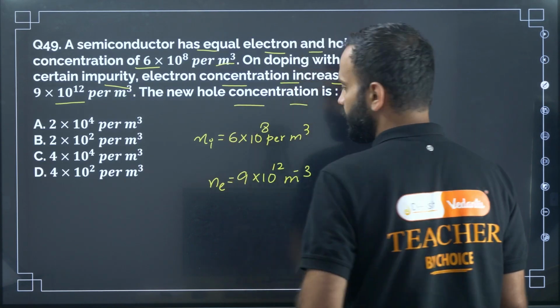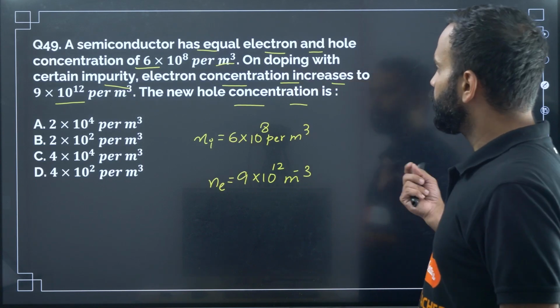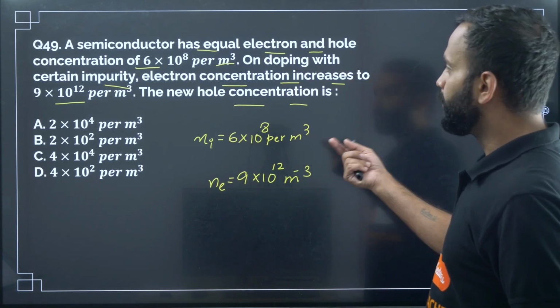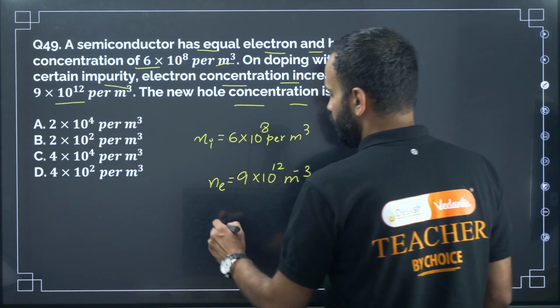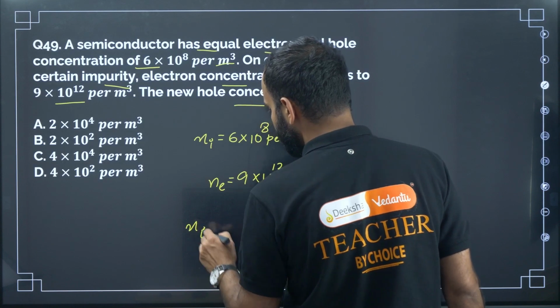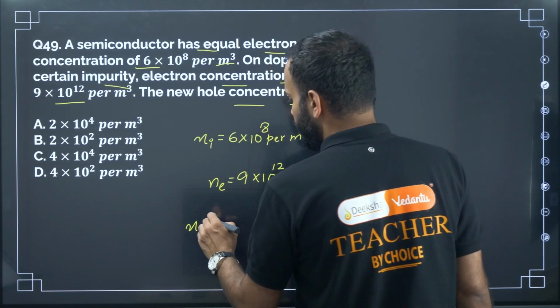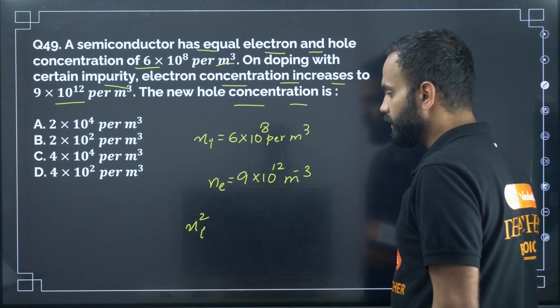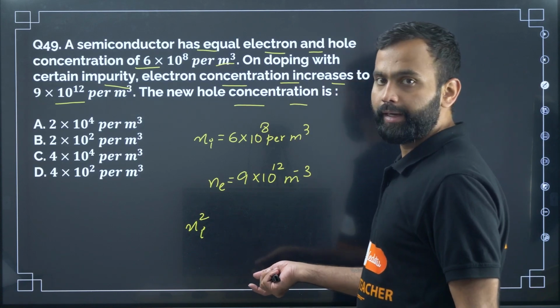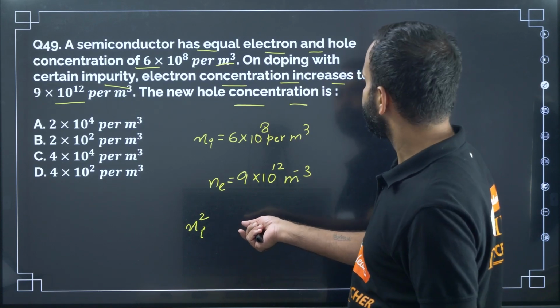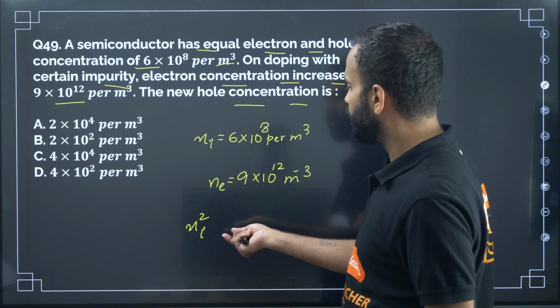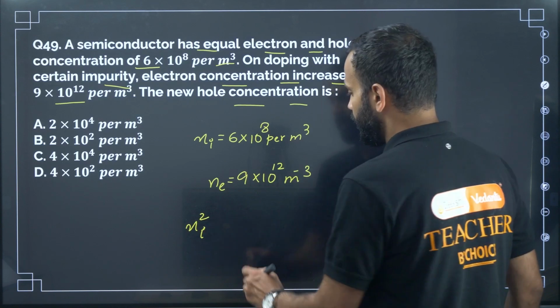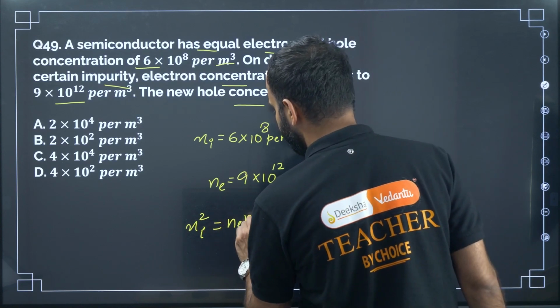The new hole concentration is, okay, so when you dope the semiconductor, Ni square, that is electron concentration into hole concentration, is equal to Ne into Nh.